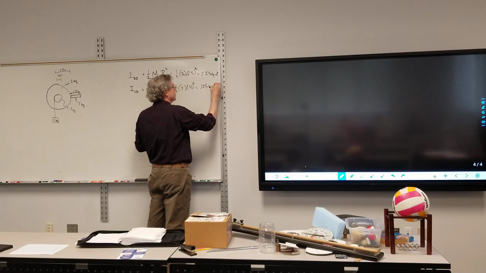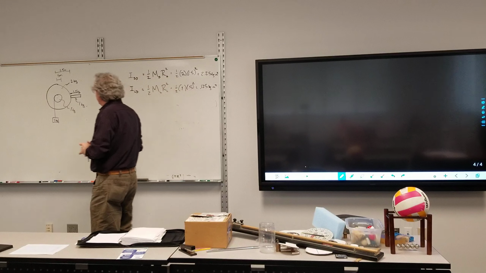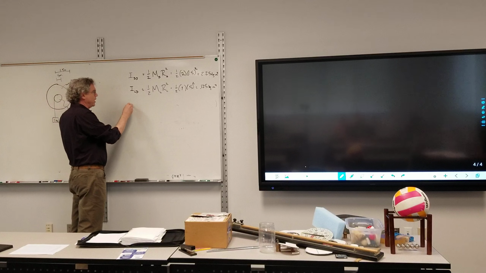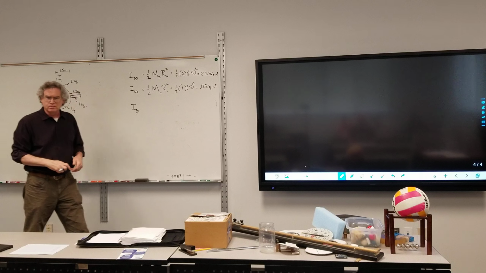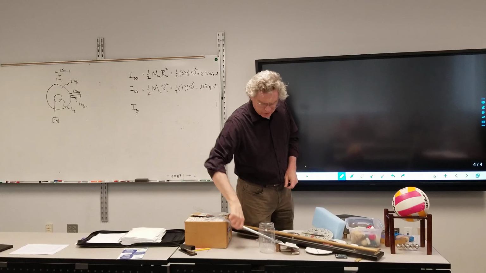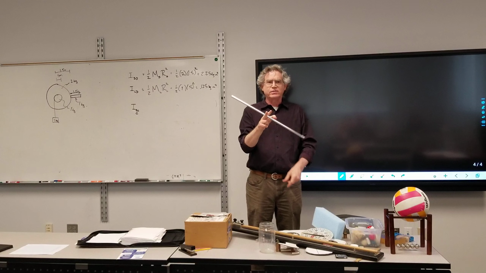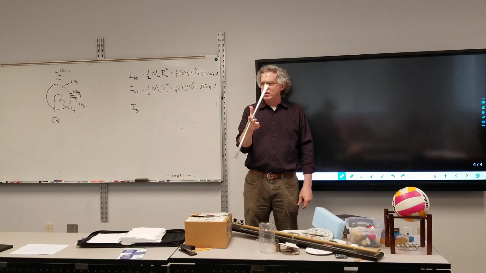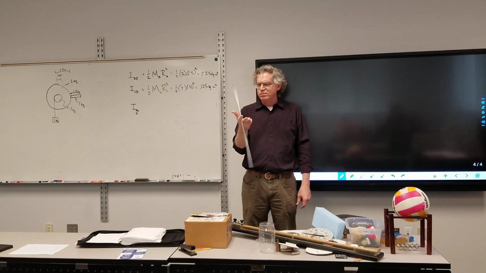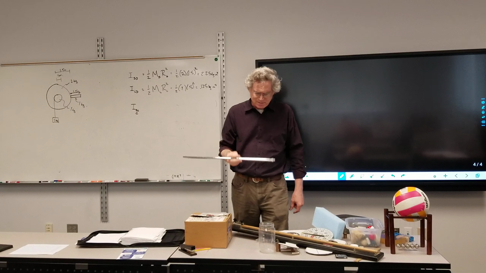All right, so now we have this rod here. First thing I want to do is, what is the moment of inertia of the rod if it's rotating about its center? I'm not going to worry about the parallel axis theorem yet. So I've got a thin rod here rotating about its center. What is the moment of inertia of that? We would have dealt with that on either Monday or last Wednesday.